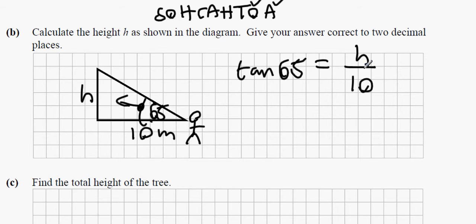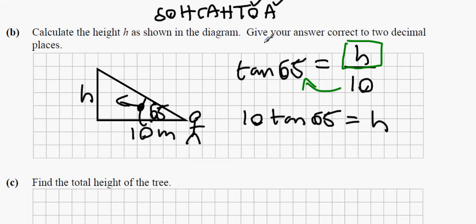We need to find out what h is on its own. The 10 is divided on the right, which means when it moves to the left, it's going to be multiplied by 10. 10 tan 65 equals h. Now remember, it wants this answer correct to 2 decimal places.